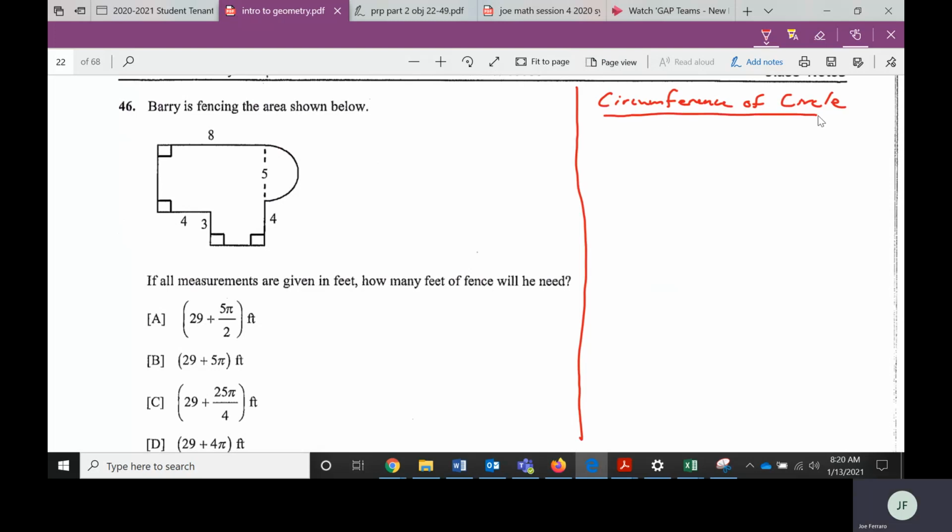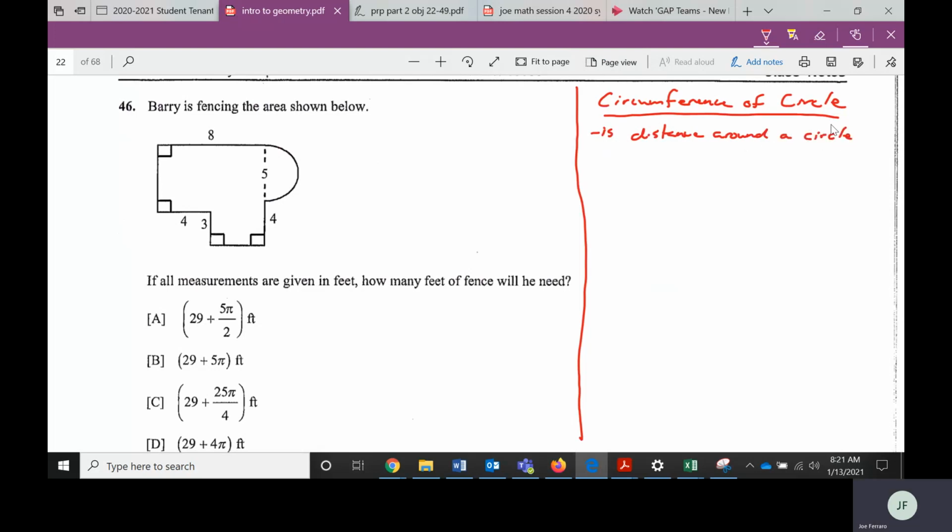Basically, circumference is just a fancy word for perimeter of a circle. So that is the distance around a circle.